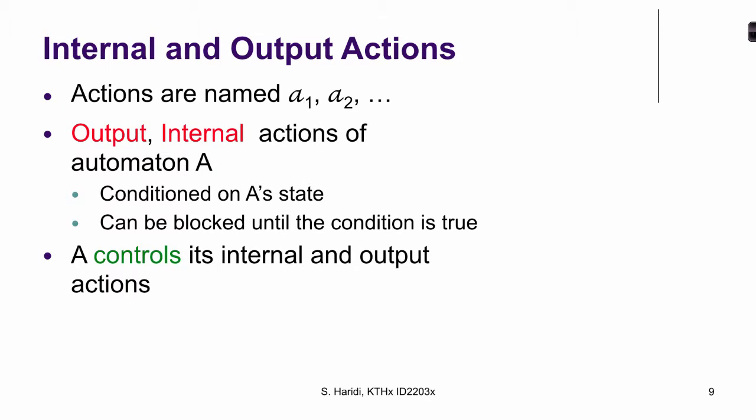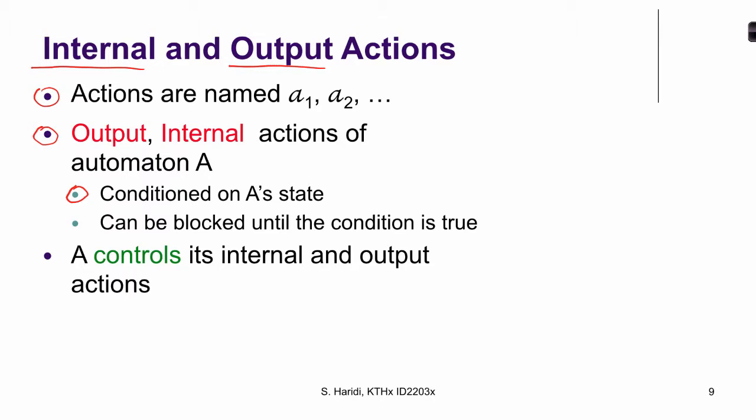Then, as I said, a state machine or automaton also has internal actions and output actions. An output action and an internal action of an automaton can be conditioned on A's state.